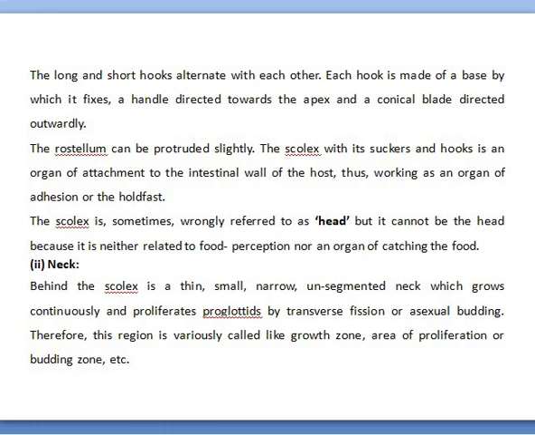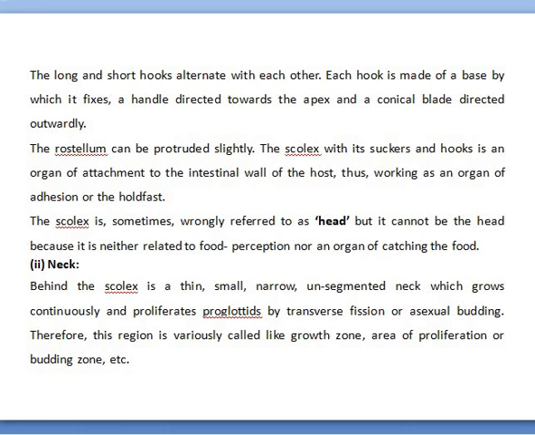The scolex is sometimes wrongly referred to as the head, but it cannot be the head because it is neither related to food perception nor an organ for catching food.